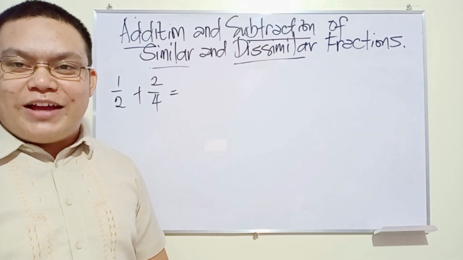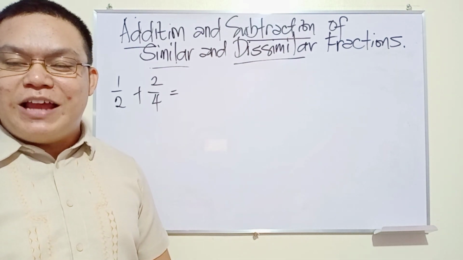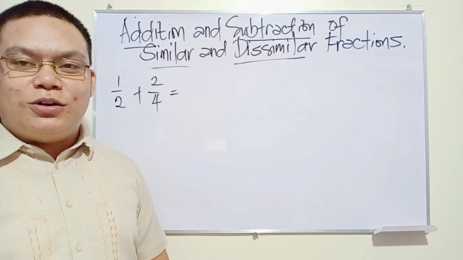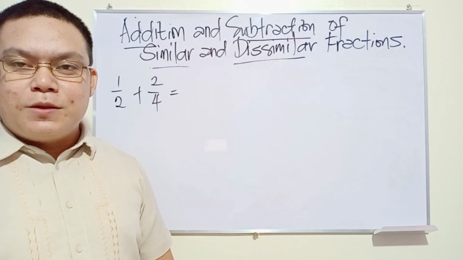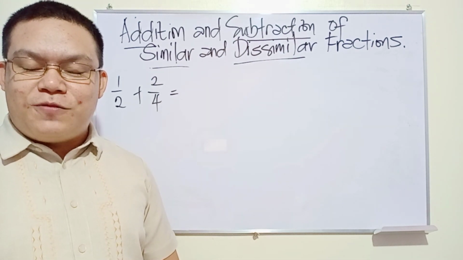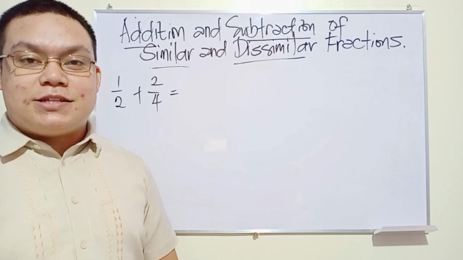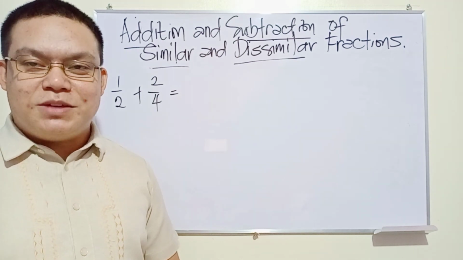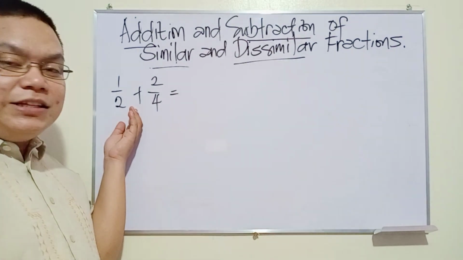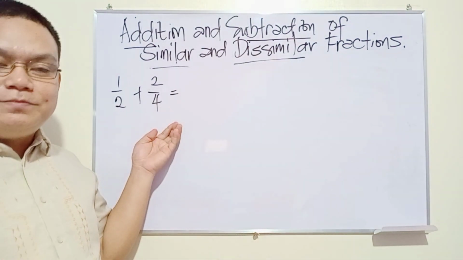We are going to find the LCD or the least common denominator of the two fractions. But how are we going to obtain or get the LCD? We can obtain the LCD or the least common denominator of two fractions by finding its LCM or the least common multiple. So, kukunin natin ang LCD ng 2 and 4.